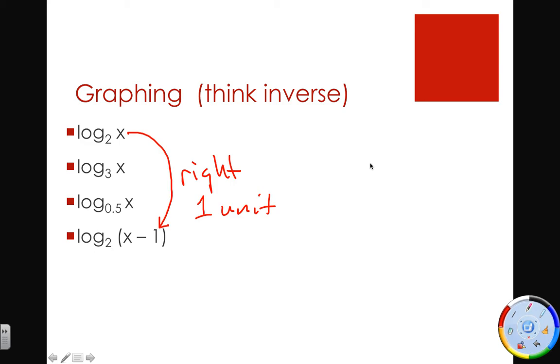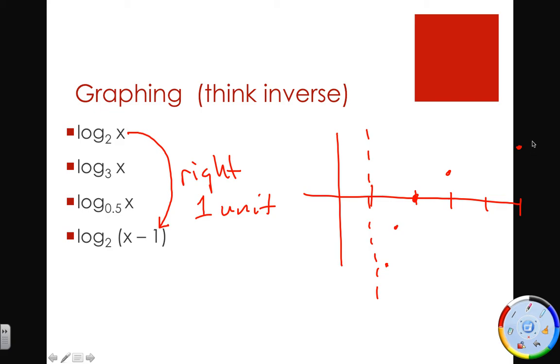So we can take everything that we had from the previous graph and move everything right 1 unit. So my asymptote is then going to be at 1. 2, 3, 4, and 5. I'm going to get these dots here. And notice the graph is exactly the same, only shifted to the right 1 unit.